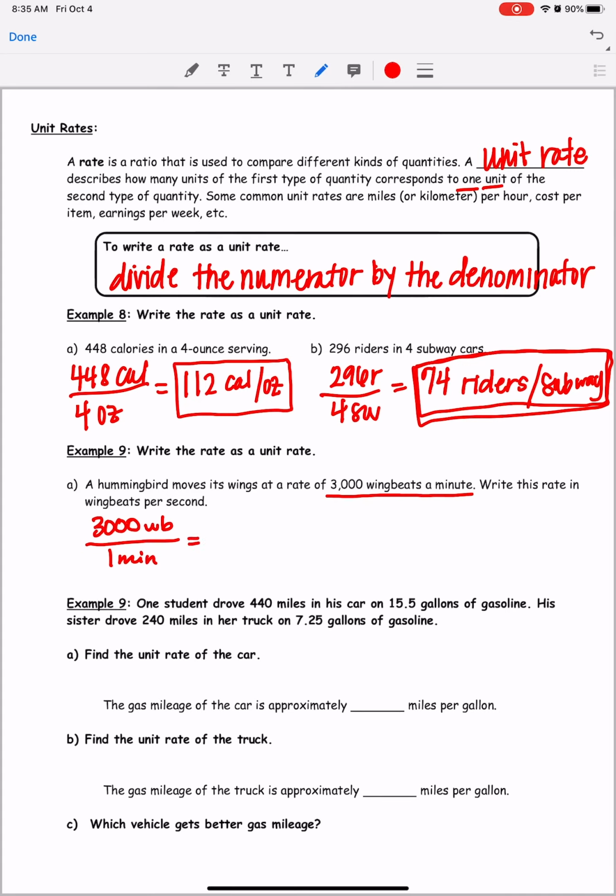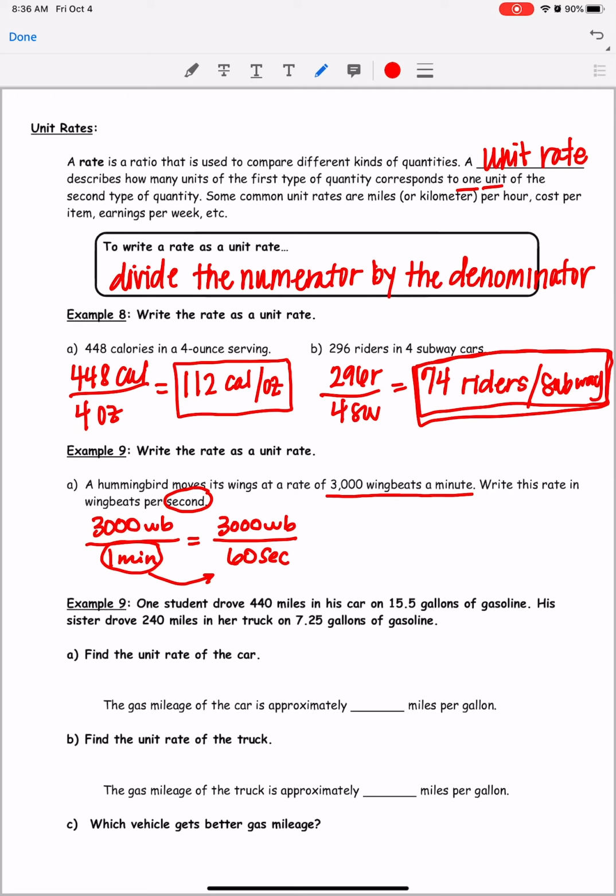I'm wanting to write this in what unit though? In seconds. So, what that means is I need to convert my minutes here into seconds. So, how many seconds are in 1 minute? 60.